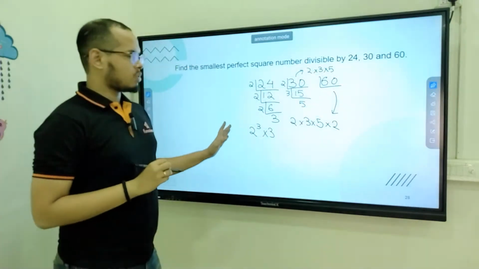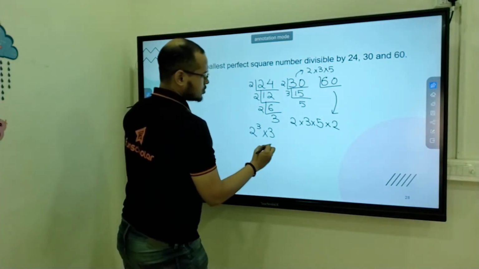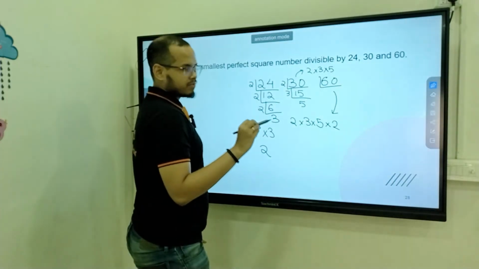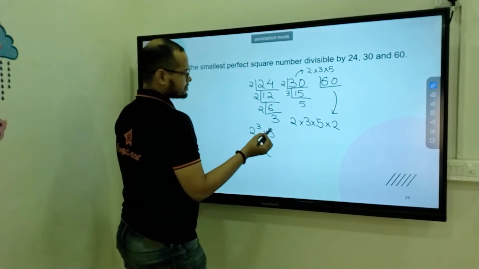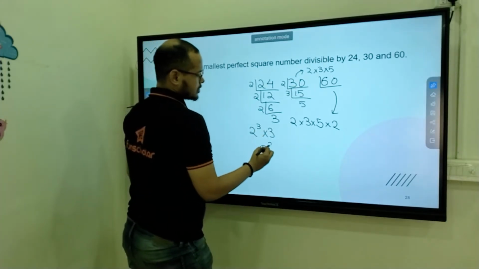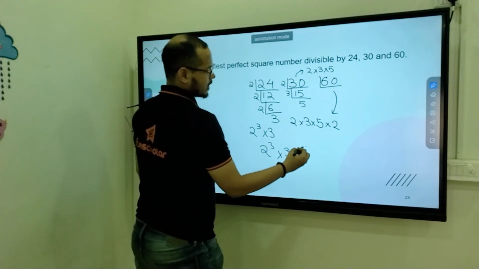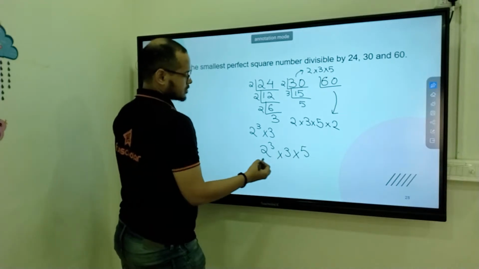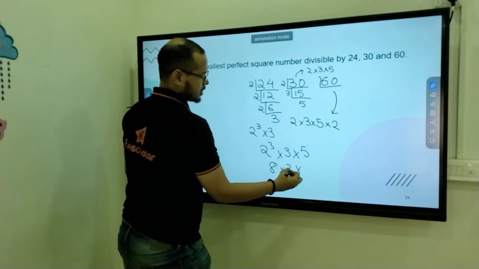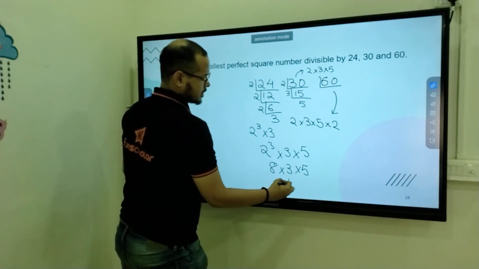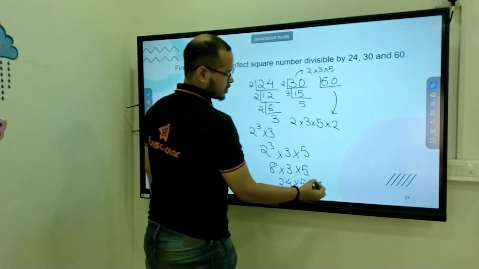So let's first write all the numbers down and find the LCM of the numbers first. Let us decide after that what we will find out. So the LCM here is 2 to the power 3 into 3 into 5. 2 ones are 2, 2 2s are 4, 8. 8 into 3 into 5, so 24 into 5 gives us 120.